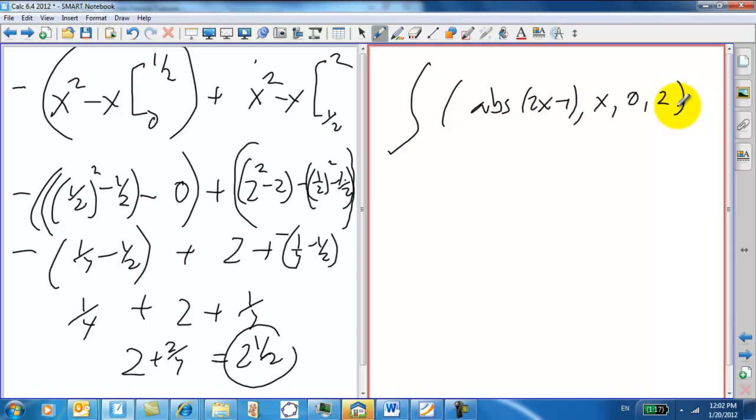Absolute value, that's the first thing in the catalog. So you just go to catalog and hit the A. It'll get you right up there. ABS, 2x minus 1, comma, x going from 0 to 2. And we get 5 halves. Check, please. There we go.